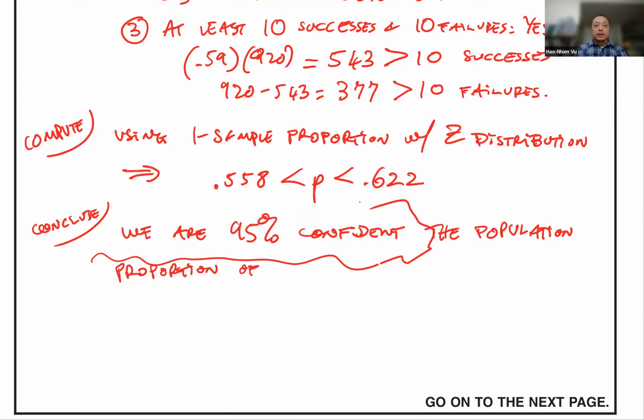On the AP, when you do inferential statistics, you want to make sure you say words that show that you understand that your conclusion is not certain. There's a degree of uncertainty in doing inferential statistics. So words like "we are 95% confident" are important. If you don't have that, you lose points.